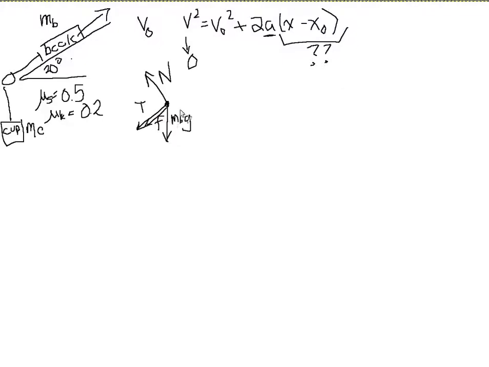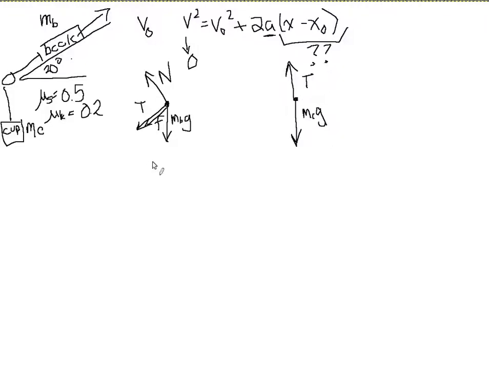For the cup, we just have mg, which for the cup is m sub cg, and tension pointing upward, the same tension as that one. Those are our two free body diagrams.